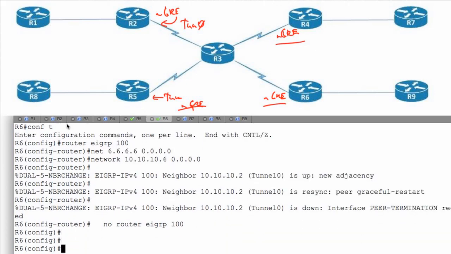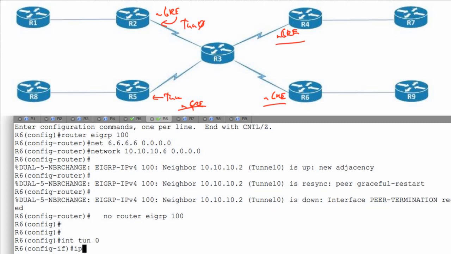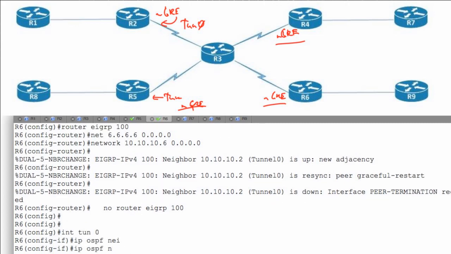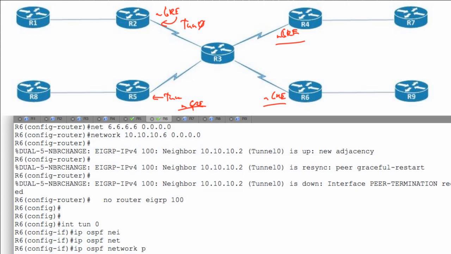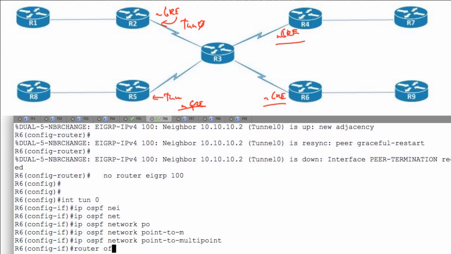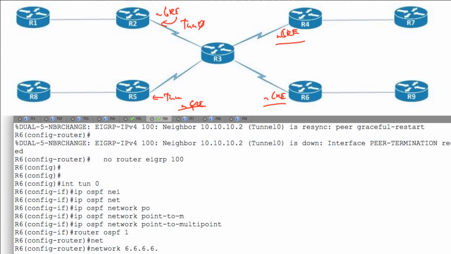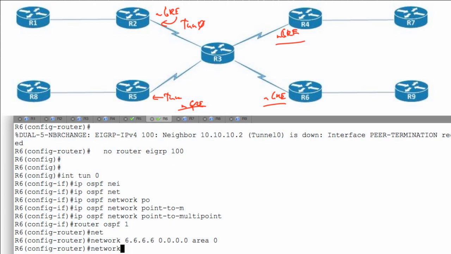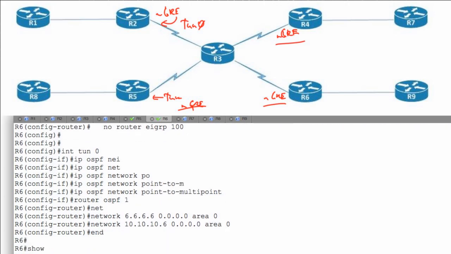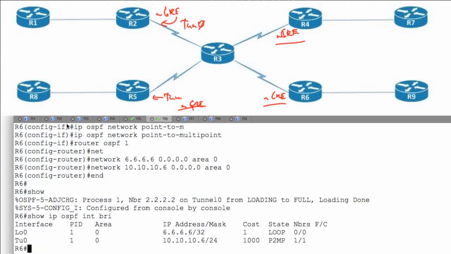Lastly, R6, point to multipoint, network 6.6.6.6, area 0, and network 10.10.10.6, area 0. End. Show IP OSPF interface brief, point to multipoint, loopback.